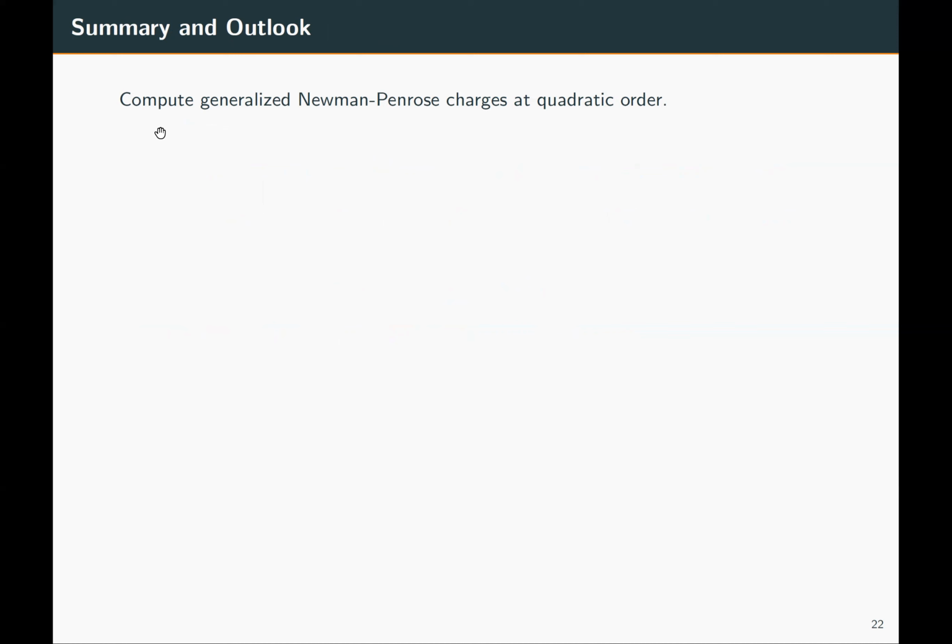There are different things to study later. In particular, I would like to compute these generalized Newman-Penrose charges at quadratic order. I think this will be very interesting. And to see if there are applications or implications for binary systems.